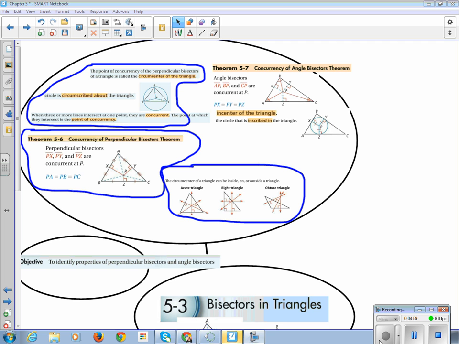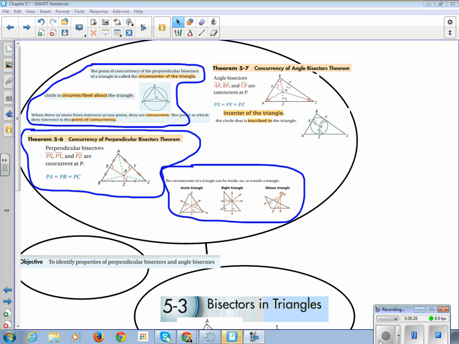So the distance from the perpendicular to point P on each of these sides, from Z to P, from X to P, and from Y to P, are all the same distances. But if you look, the distance from A to P, B to P, and C to P are different.